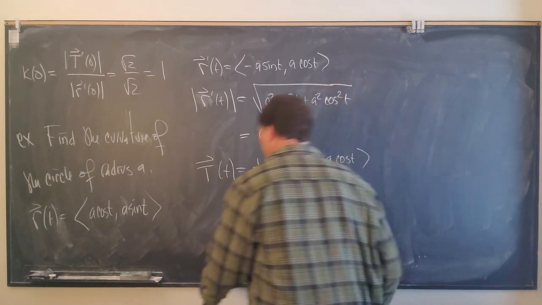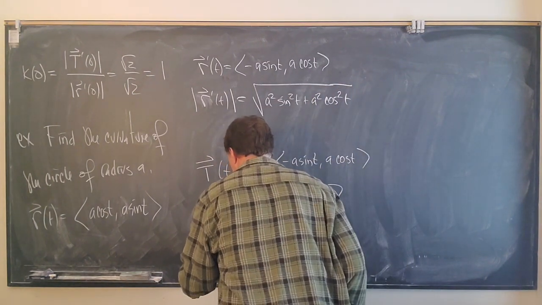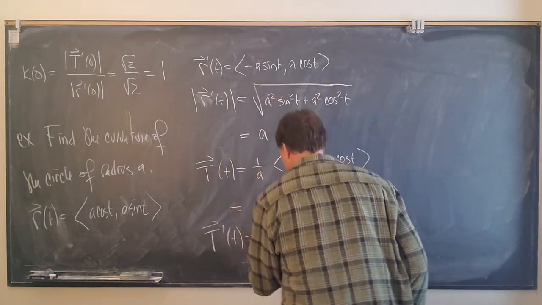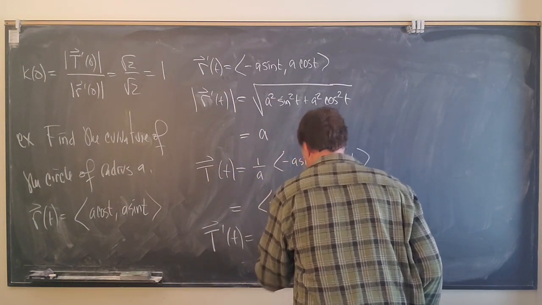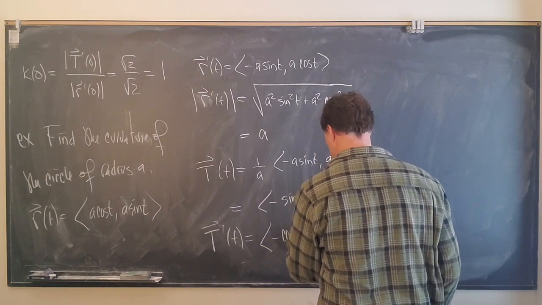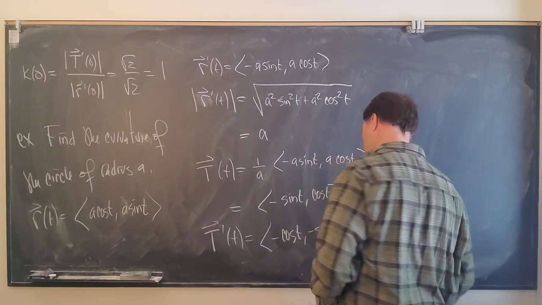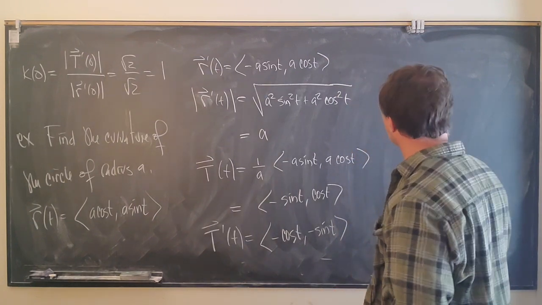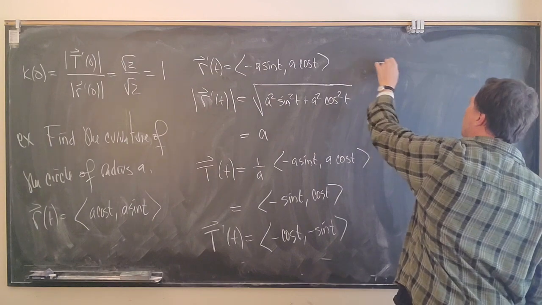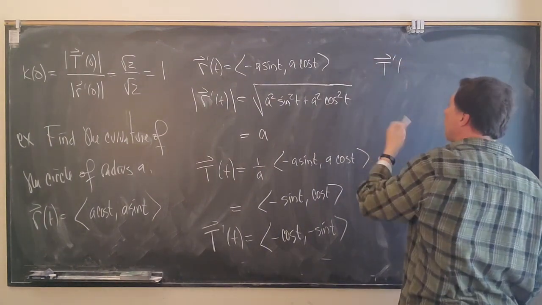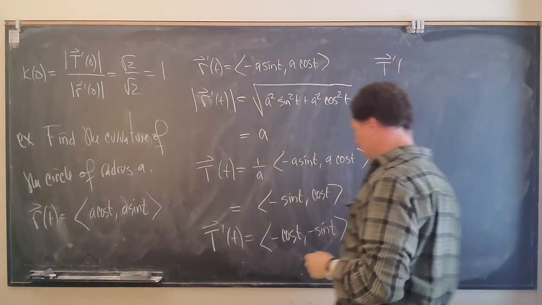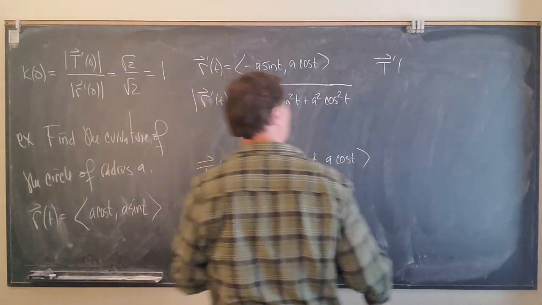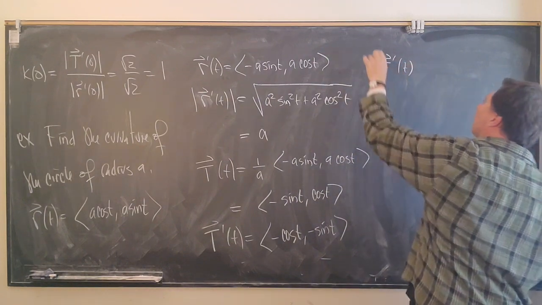Now we need T prime, right? We need the derivative. And so that'll be negative cosine t, comma negative sine t. Sorry, the magnitude of T prime of t.